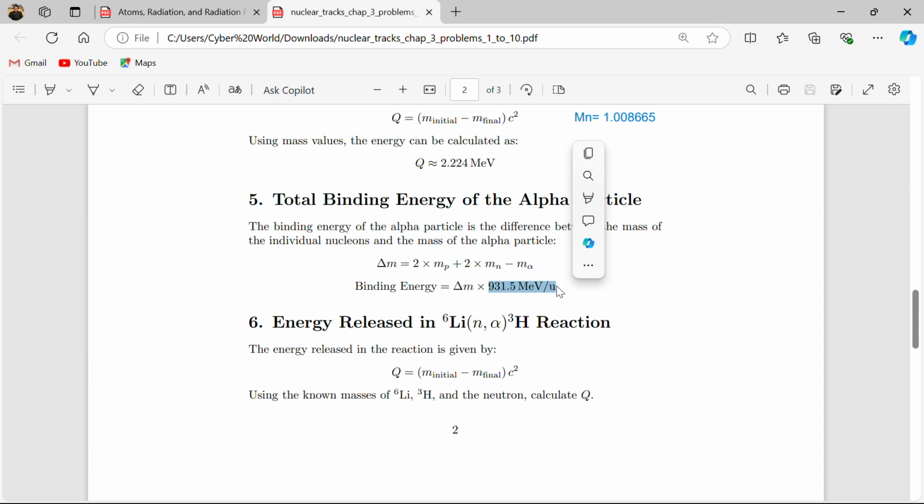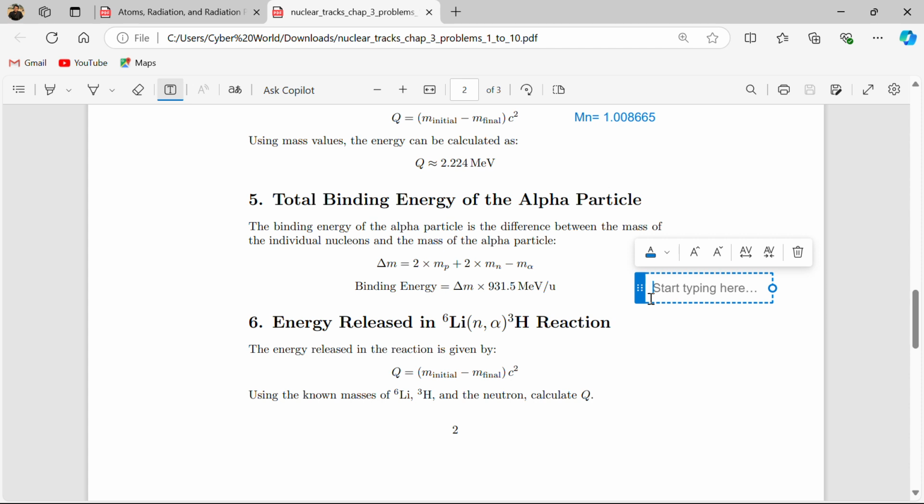So after multiplying this, you will get your final result, and your binding energy should be equal to 27.27 mega electron volts. So this is the total binding energy of the alpha particle.